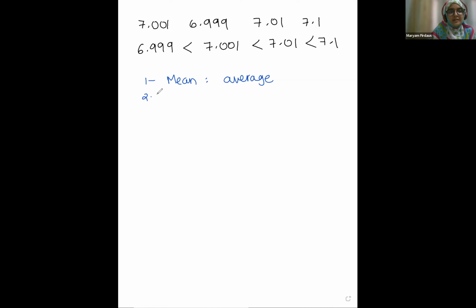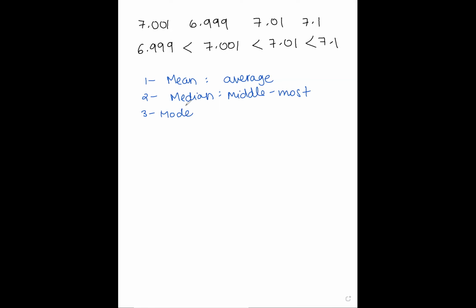Median is the, what is median? The centermost, the middlemost observation, right? And what is mode? The most frequently seen observation. Yes, the most frequent.